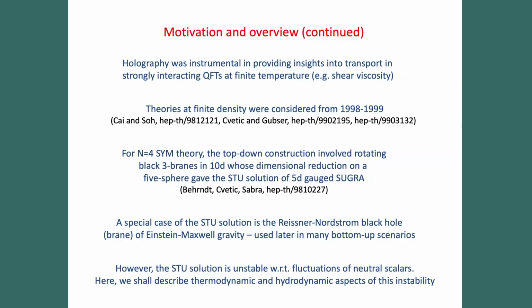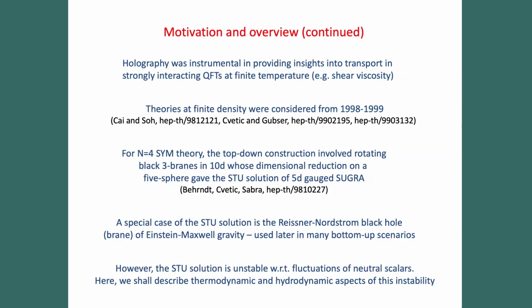There are different solutions, but I will be talking about STU. A special case of this STU solution is the Reissner-Nordstrom black hole, or black brain, which has a flat horizon, of Einstein-Maxwell gravity. And this was used later on in many bottom-up scenarios, because this is a benchmark example of holography at finite density.